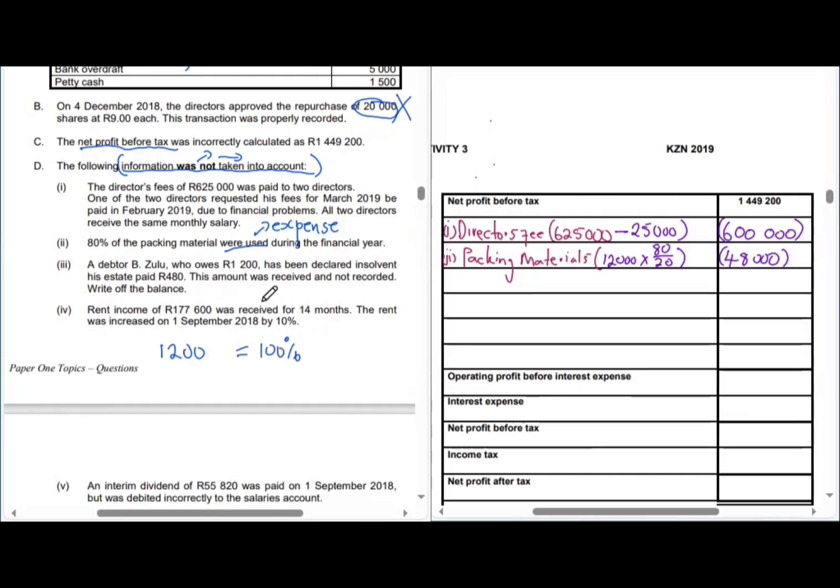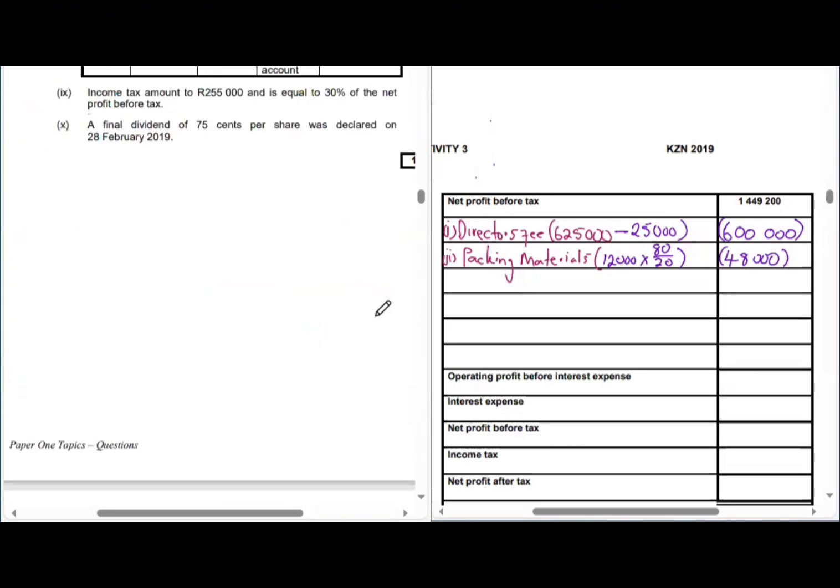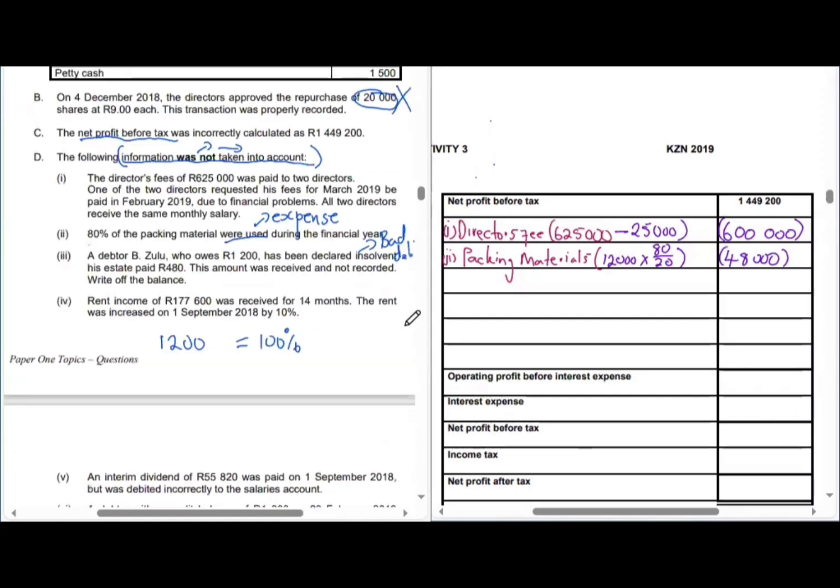Has been declared insolvent, meaning that because he has been declared insolvent, it is a bad debt. And then his estate paid only 480.